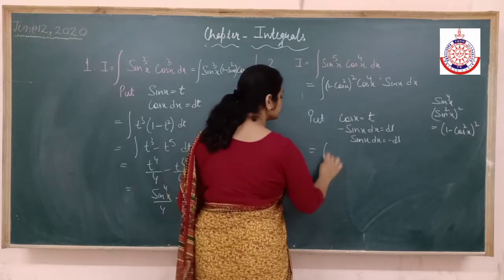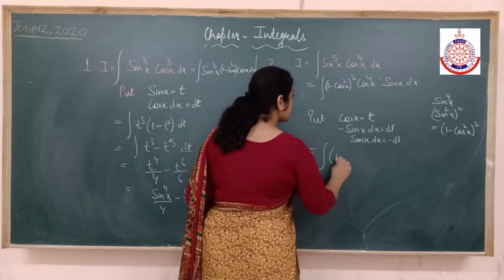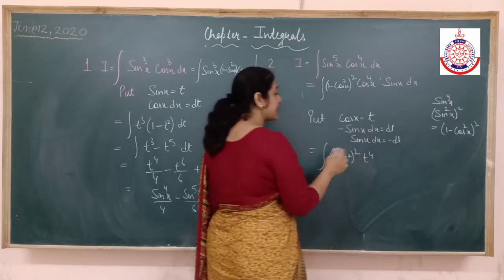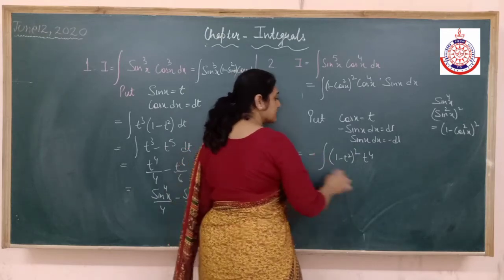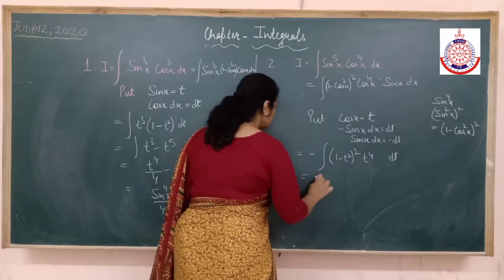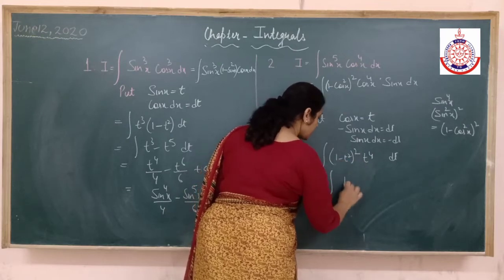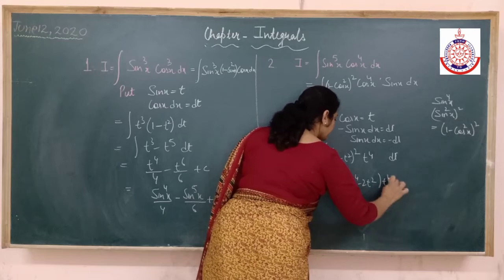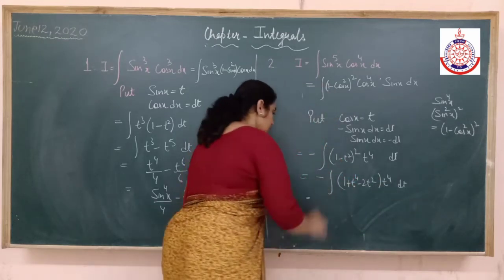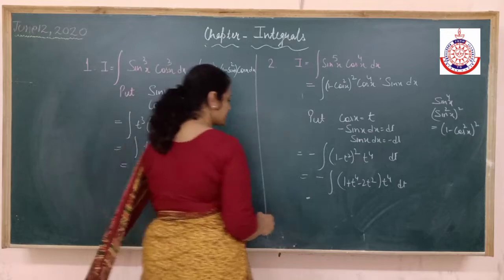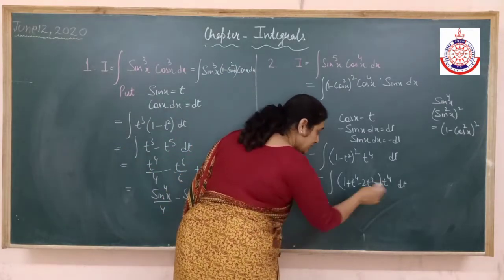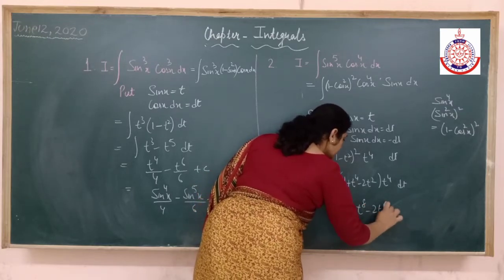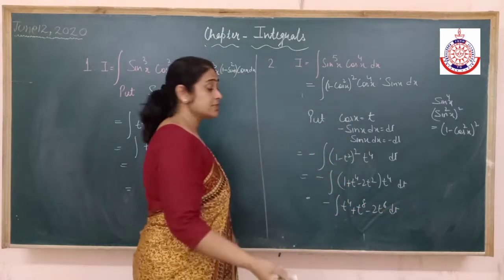Now substitute. It will be 1 minus t square, whole square. It will be t raised to power 4. Sin x dx is minus dt. So minus goes out. Simple algebraic function, open the square. a square plus b square minus 2ab, otherwise it is a square minus 2ab plus b square. So multiply this t raised to power 4 inside. That's it. Integrate.